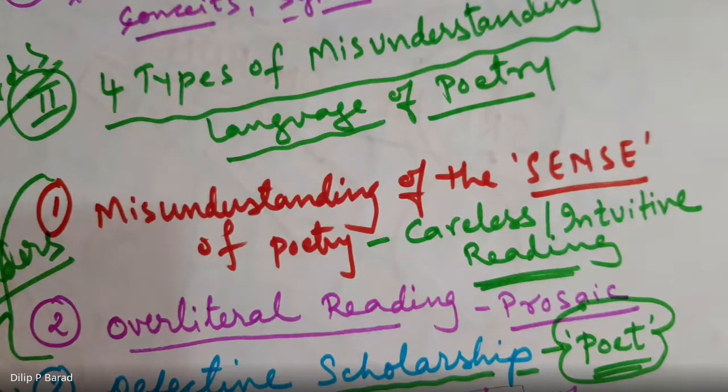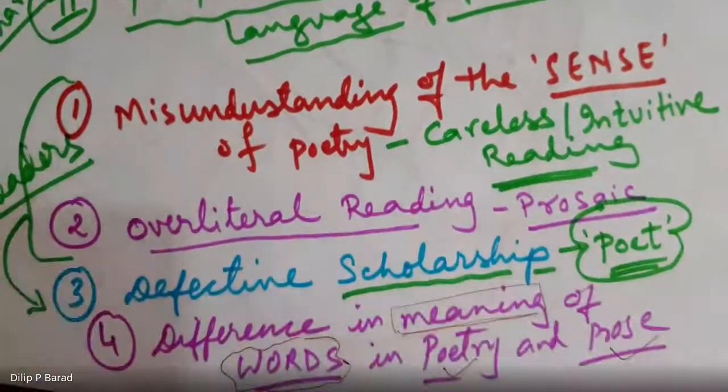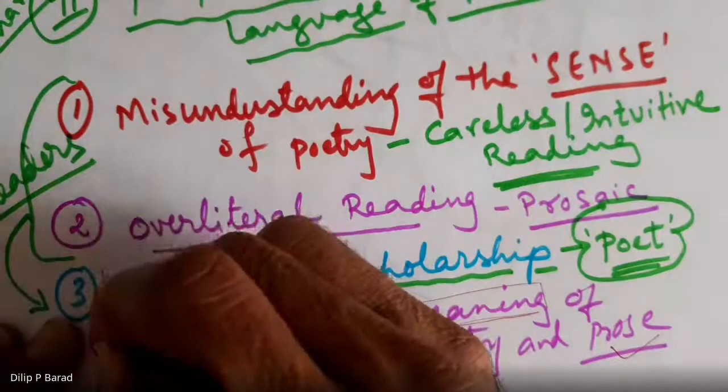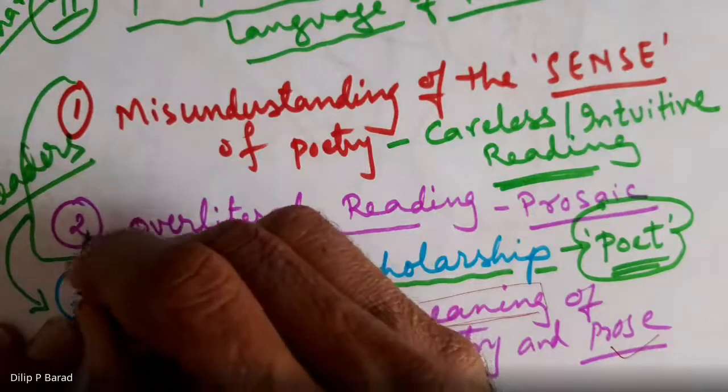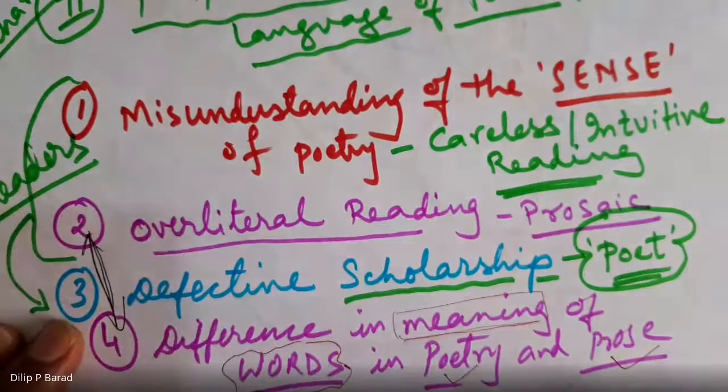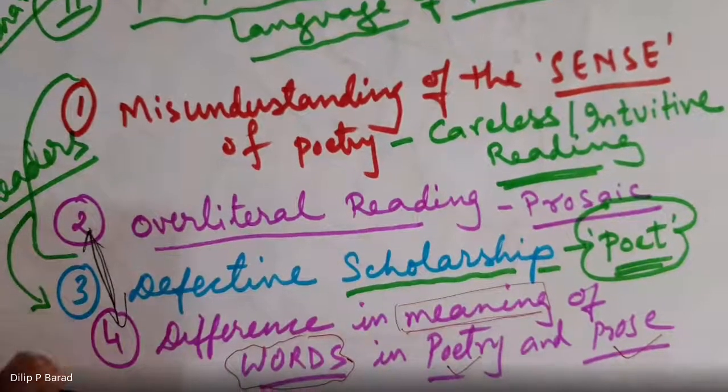Then my reading is careless or intuitive, and I may not capture the proper sense of the meaning. Second is over literal. If I do a prosaic reading of the language of poetry, then I can face a problem here. The second and fourth, you will see, are interconnected with each other.